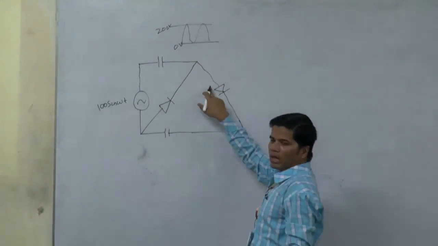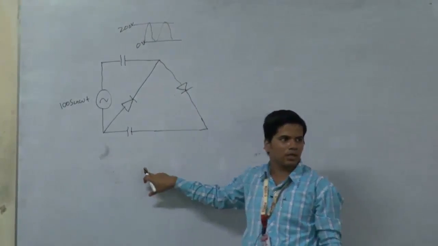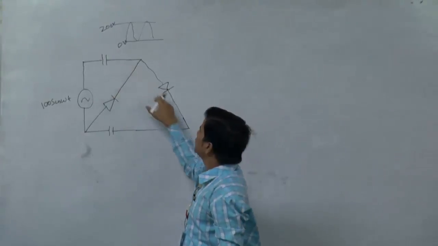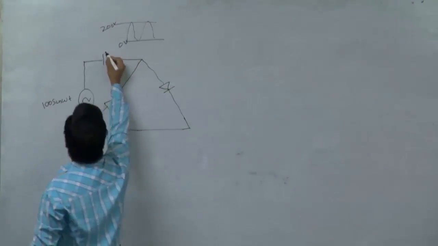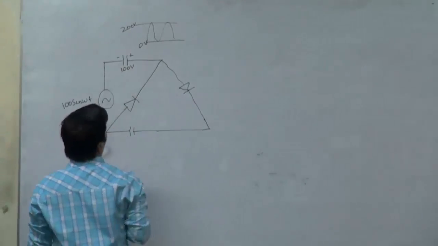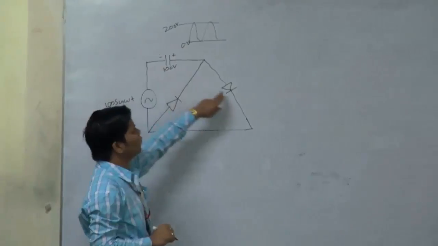Now we have connected another diode and another capacitor. Now the current will flow like this. This capacitor is completely charged to 100 volt. Here we are providing 100 sin omega t, and the current will flow like this.